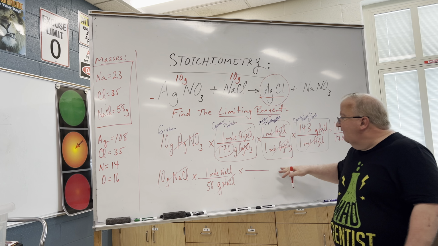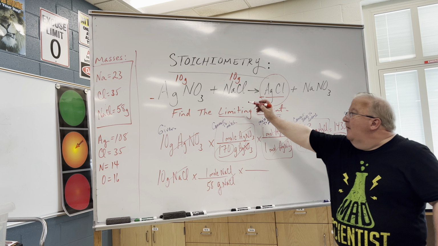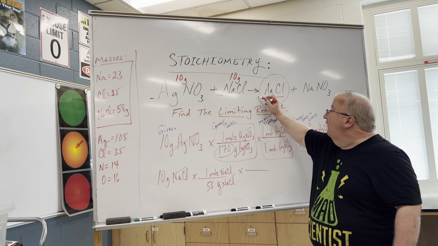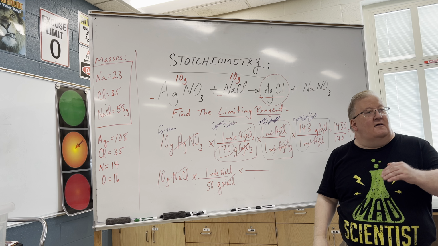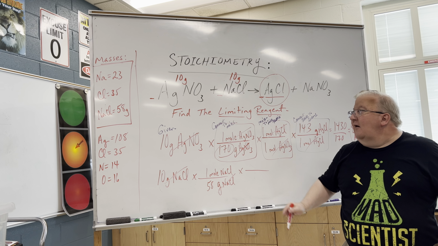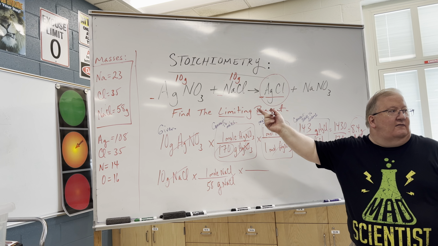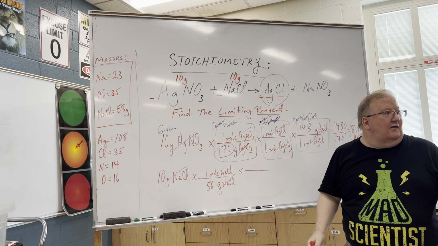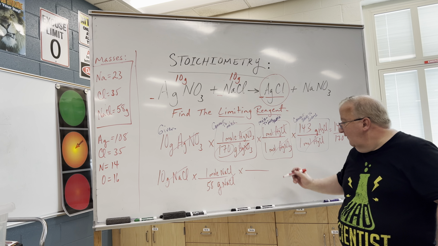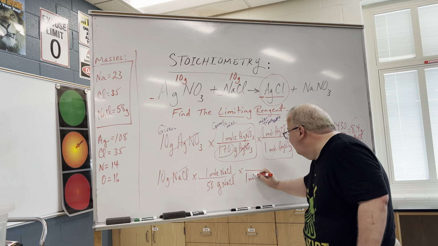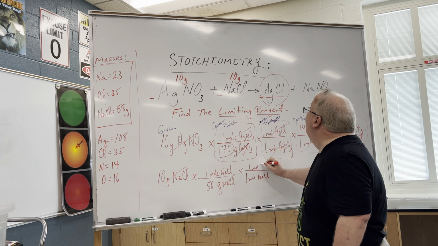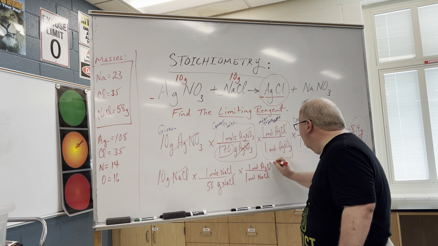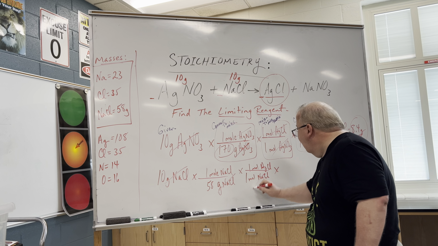All right, the next step is going to be a mole to mole ratio. Remember, we're going to the silver chloride. You have to go to the same product each time. This balanced equation happens to be a 1:1:1:1 ratio, so it's just going to be 1 mole of salt to 1 mole of silver chloride, and cancel it out.